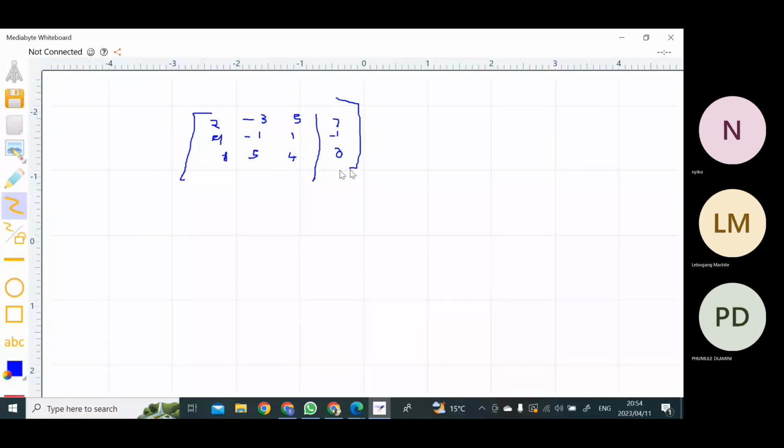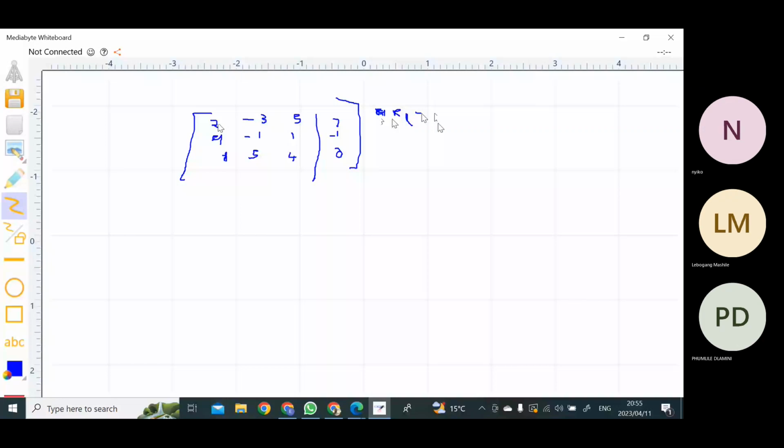Now with the same process that we were doing, for us to achieve 0 here in the 9, we can multiply equation 1 by 9. Remember it's R1, R2: I multiply R1 by 9, so 2 times 9 gives 18, then subtract it from R2 to get the new R2.